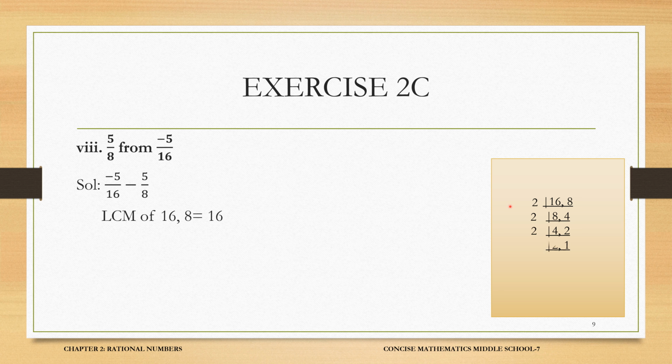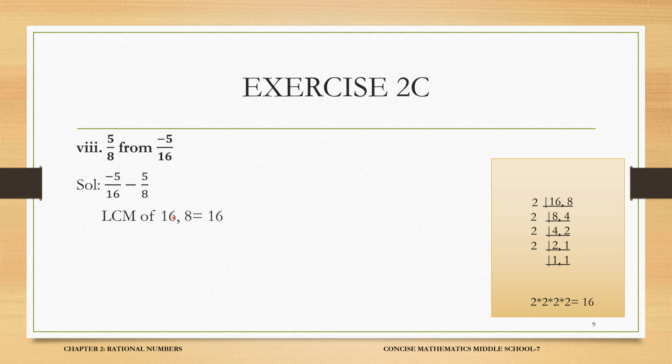Again 2 1s are 2, 2 2s are 4. Again 2 1s are 2 and 1s are 1. Now just multiply all the prime factors together, that is over here this part. 2 into 2 into 2 into 2. So it becomes 16. So this is how we got the LCM of 16.